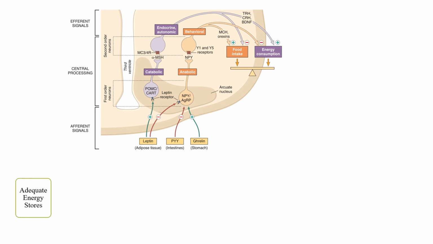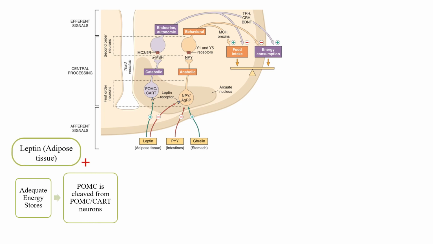So, when you have adequate energy stores, that is, your stomach is full, you have a very good nutrient intake, what will happen? Adipose tissue will secrete leptin. Leptin will go and act on the POMC CART set of neurons, thereby cleaving POMC from this pair. When this POMC is cleaved, it will give rise to alpha melanocyte stimulating hormone.